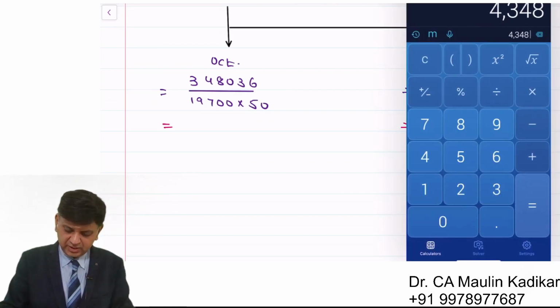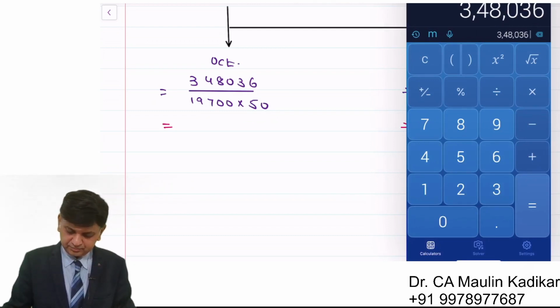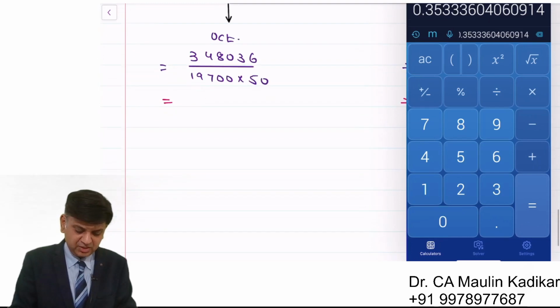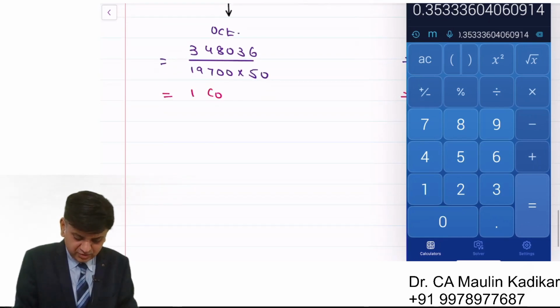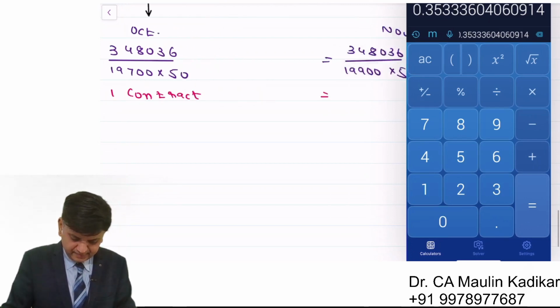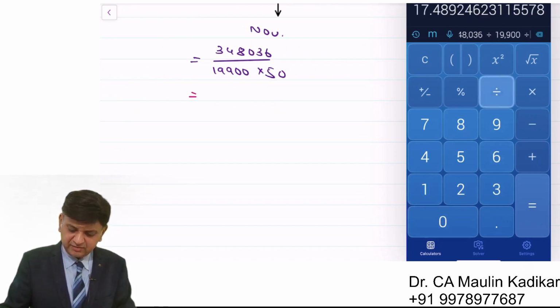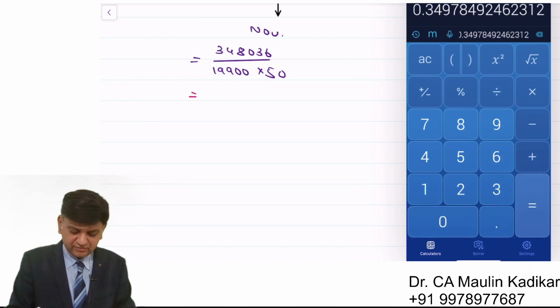So 3,48,036 divided by 19,700, divided by 50. So it is again coming in the fraction. So we'll enter into only one contract. Mostly same would be the answer. 3,48,036 divided by 19,900 divided by 50. That comes to again one contract.